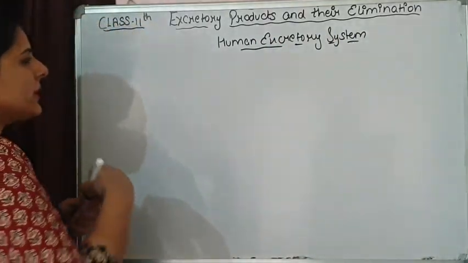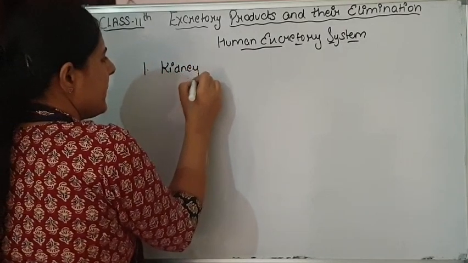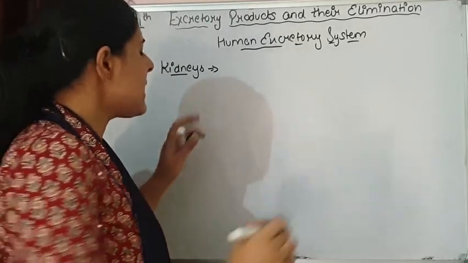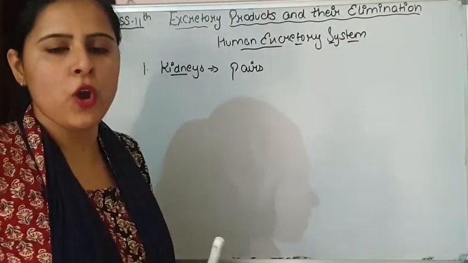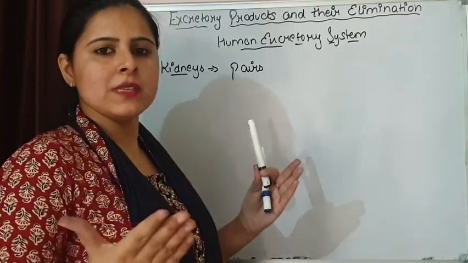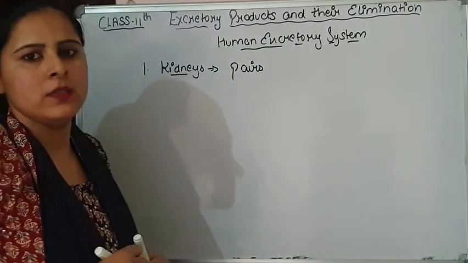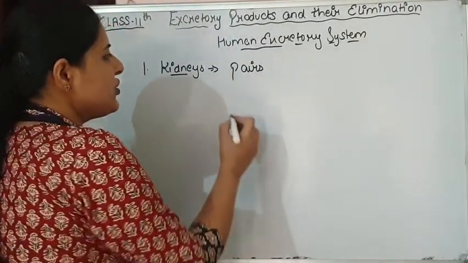The most important part of the excretory system is the kidneys, the important excretory organ. Kidneys are present in pairs. They are present in the abdomen on both sides of the vertebral column, and they are reddish brown in color and bean shaped.